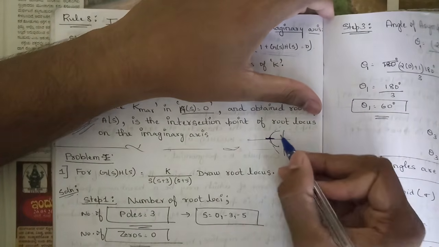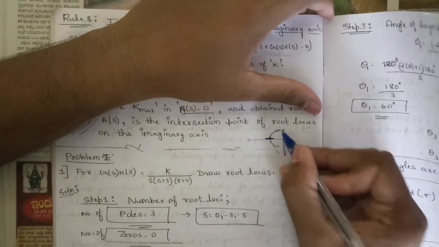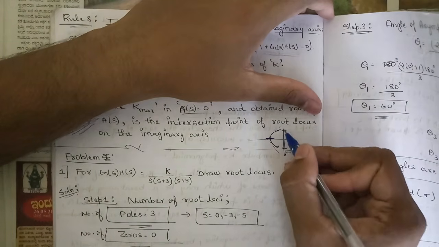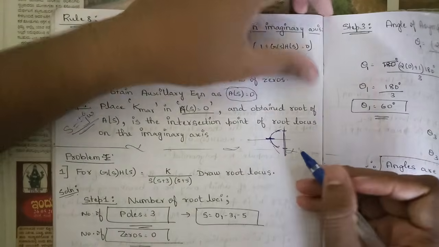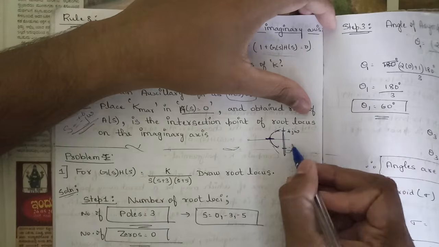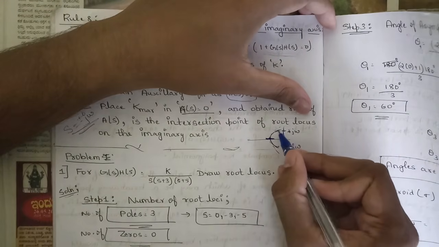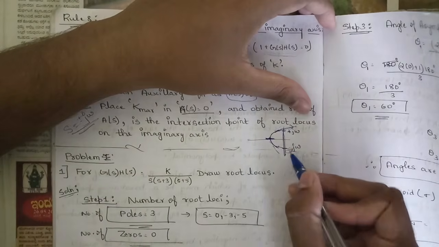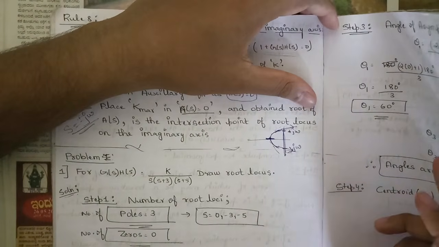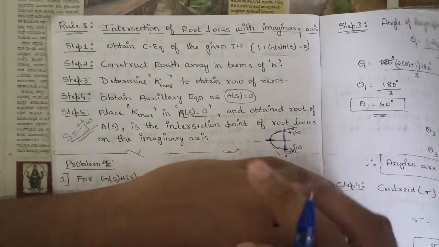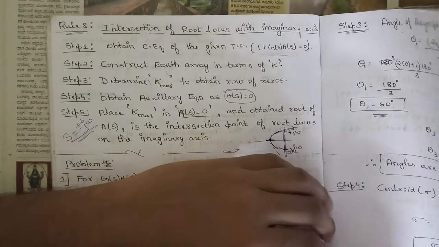This simple root locus moves in this direction and meets the imaginary axis. Here, plus j omega and minus j omega, whatever we calculate, is the point of intersection. The curve meets this point and then approaches infinity. So this was all about the intersection of root locus with imaginary axis, and in this way we need to draw the root locus plots.